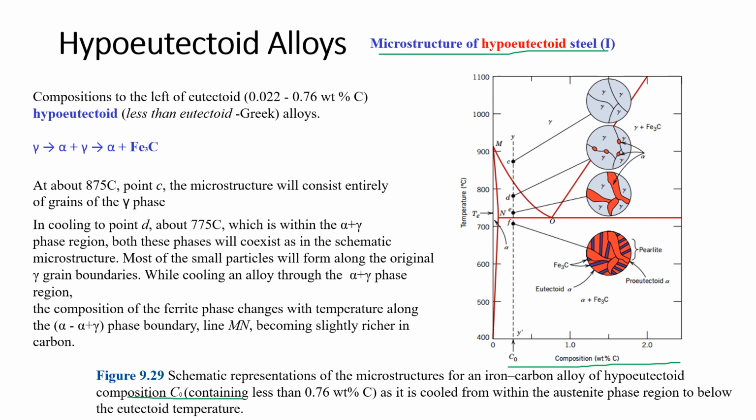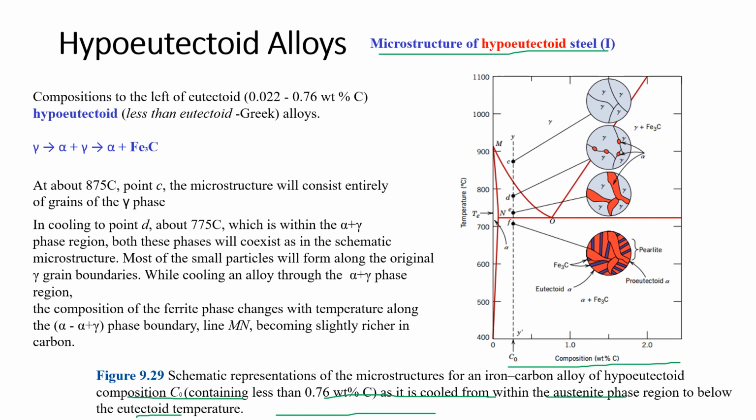This is a schematic representation of the microstructures of an iron carbon alloy of hypoeutectoid composition, containing less than 0.76 weight percent carbon, as it is cooled from within the austenite phase region to below the eutectoid temperature.